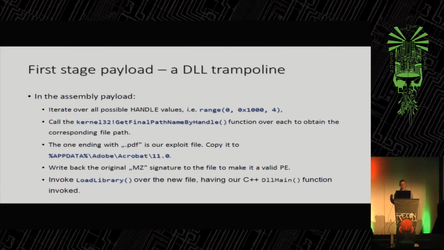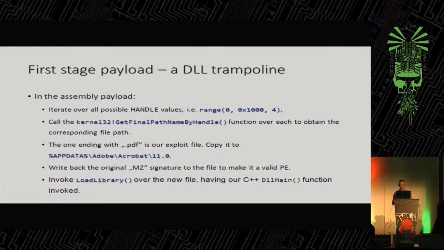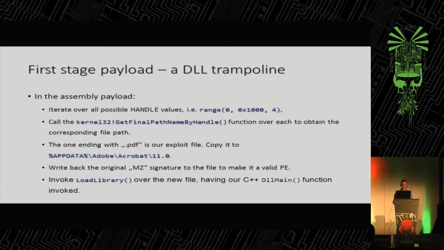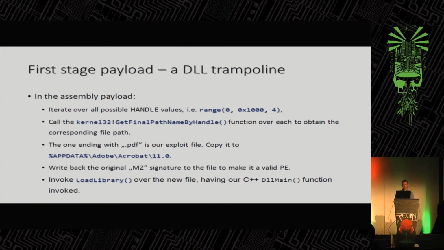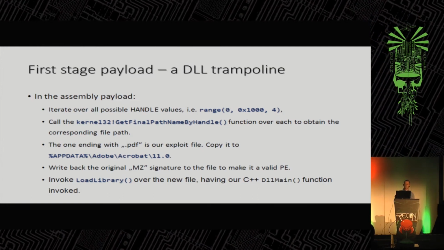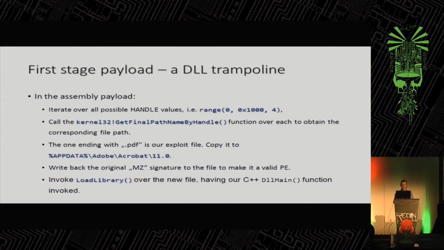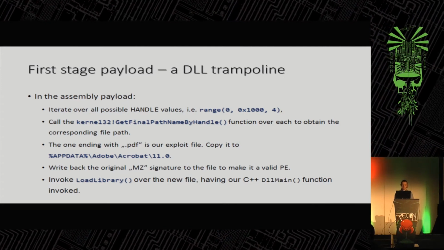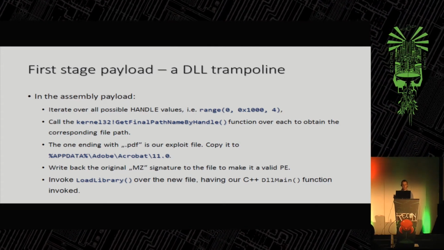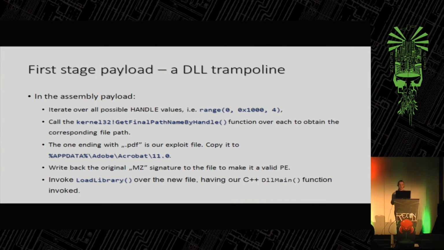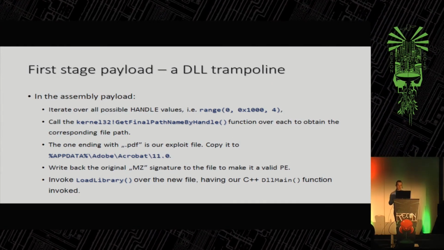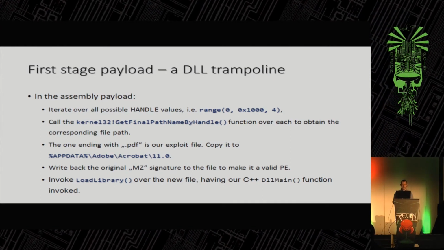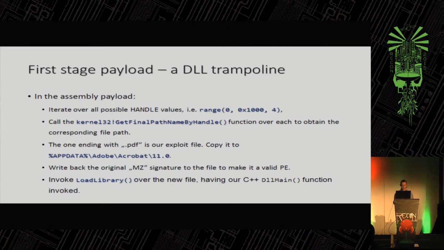And then in the assembly payload, what I decided to do would be to iterate over all possible handle values within some sensible range, then get the name of each of the objects of the handles and see if it ends with .pdf. If it does, then I just assume it's our PDF file because it's the only one currently handled by the renderer process.